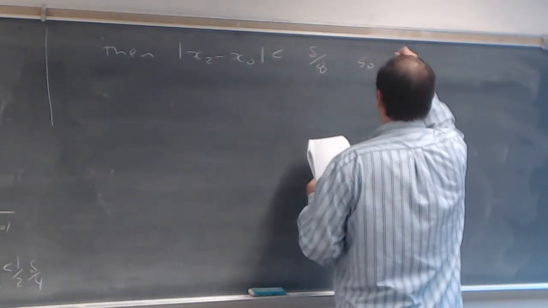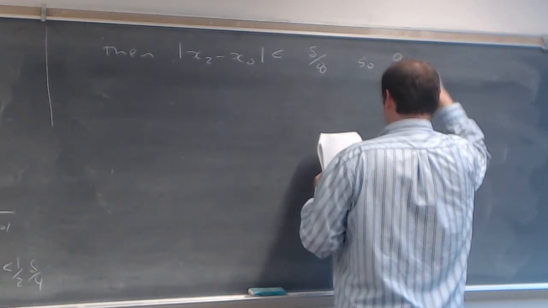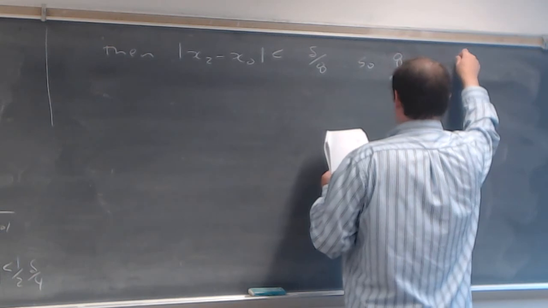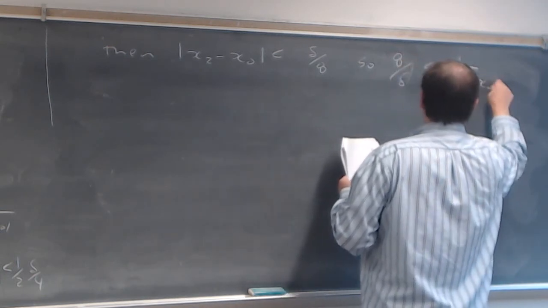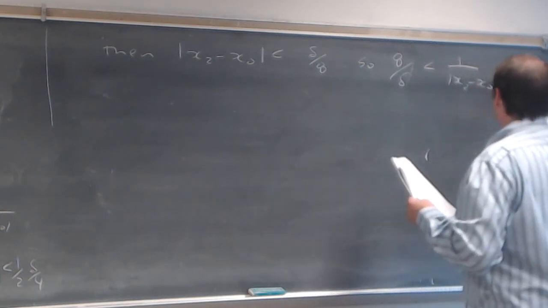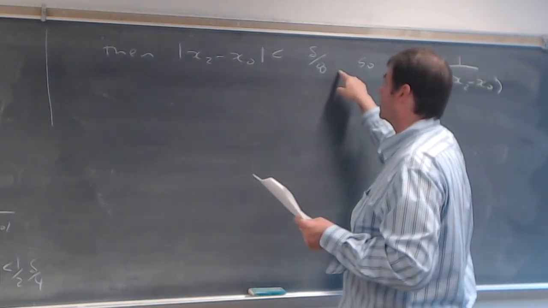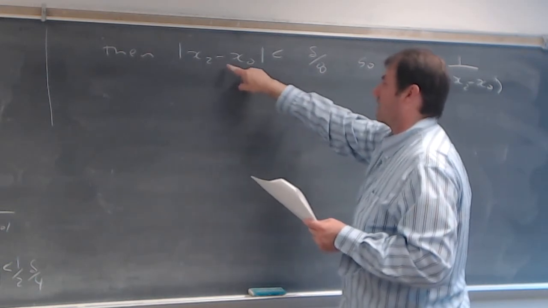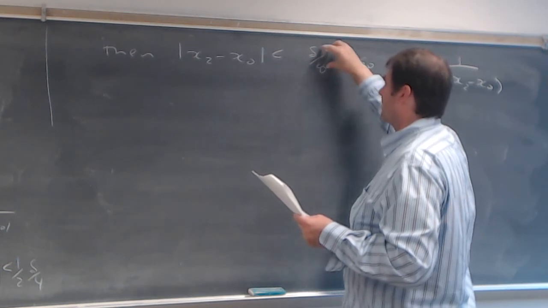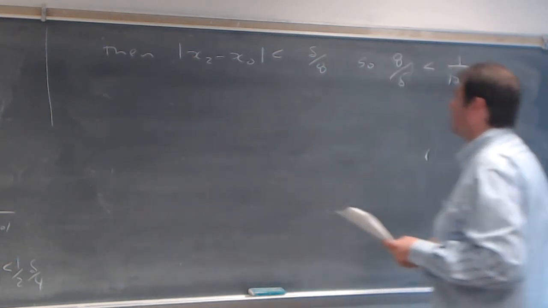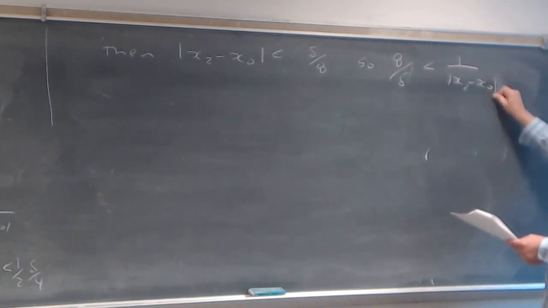So that says that 8 over delta is going to be less than 1 over the absolute value of x of 2 minus x of 0. You can get this immediately by dividing everything by the absolute value of x of 2 minus x of 0, so that's in the bottom over here, and then dividing everything by delta over 8. This is the inequality we get. This should be absolute values.